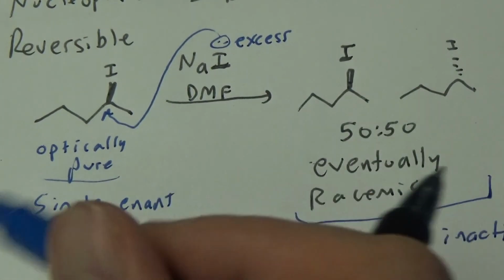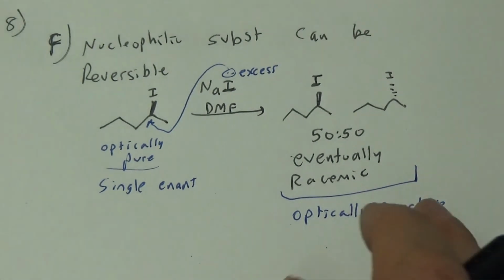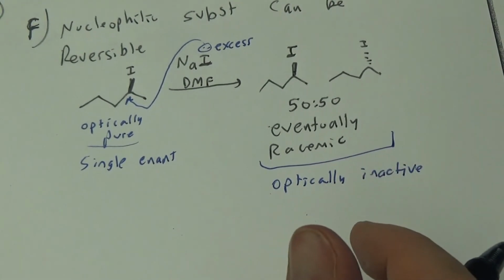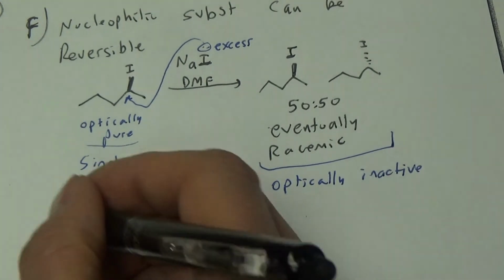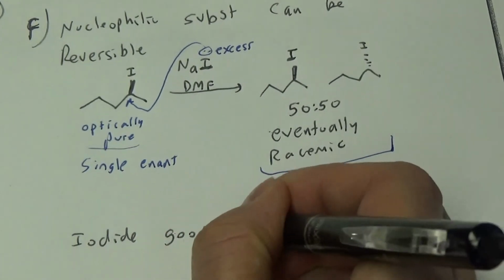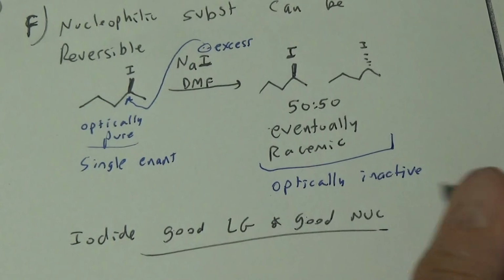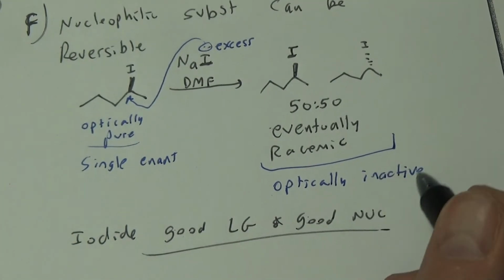Okay, and that's due to iodide being a good leaving group and also a good nucleophile. Iodide, good leaving group and good nucleophile. Okay, so it's sort of reversible, right?